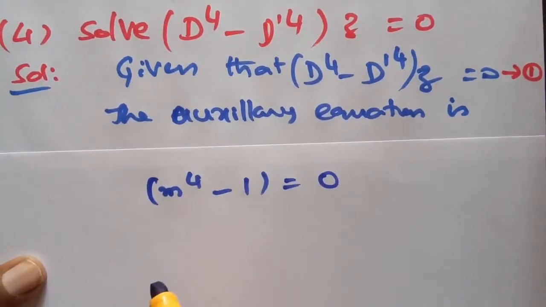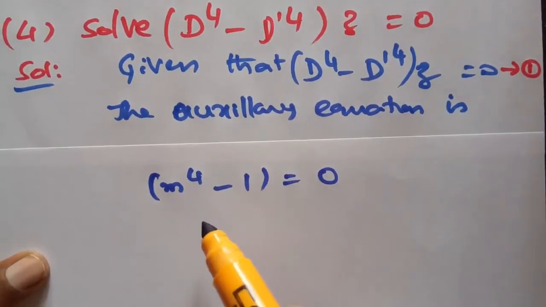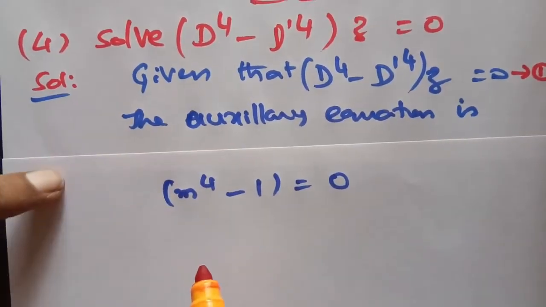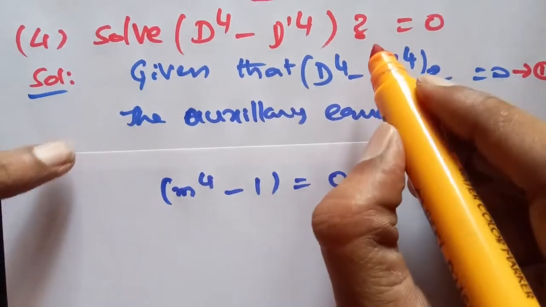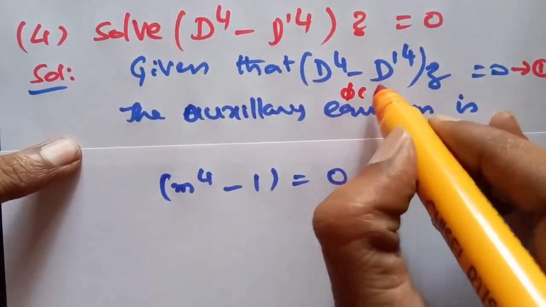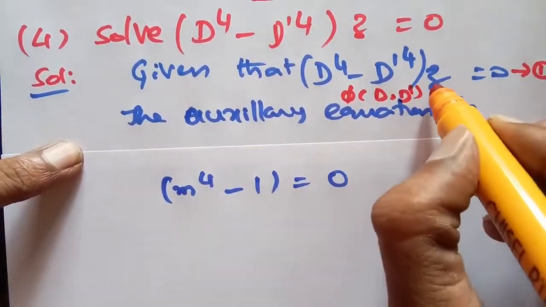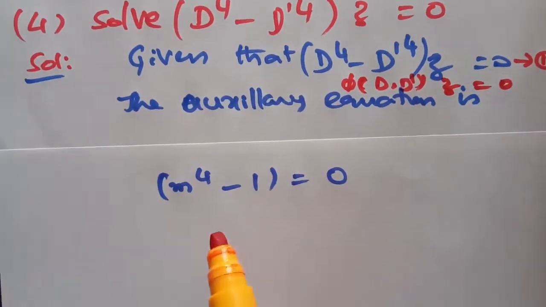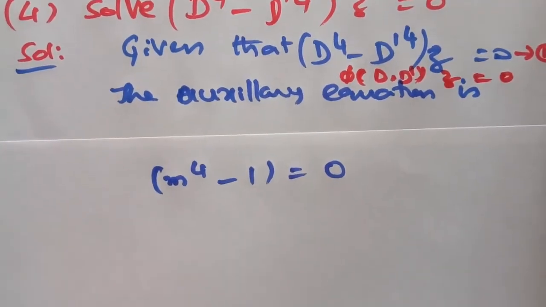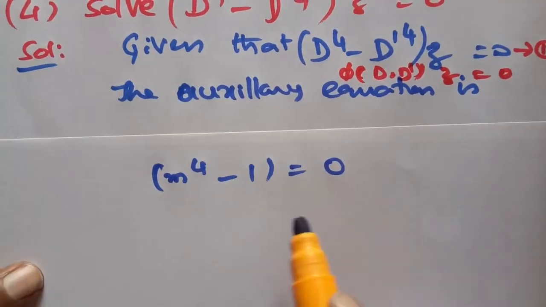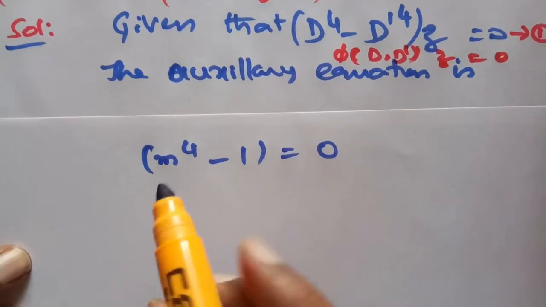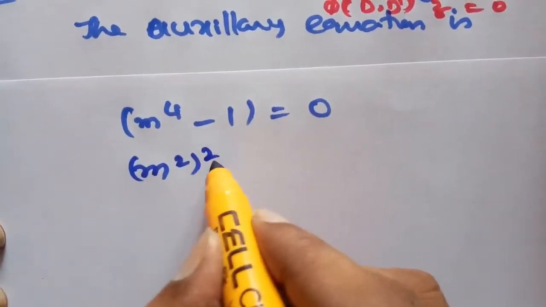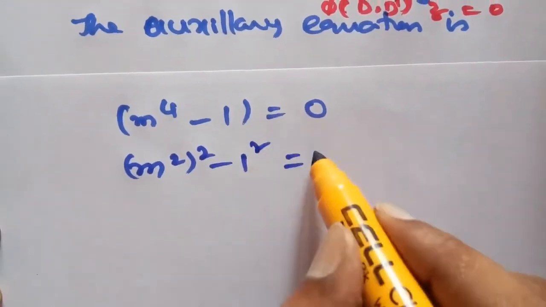Therefore, it is obtained by substituting capital D is equal to m and D dash is equal to 1 in the symbolic form phi of D comma D dash into z equal to 0. Therefore, now here this can be written as (m square) whole square minus 1 is equal to 0.